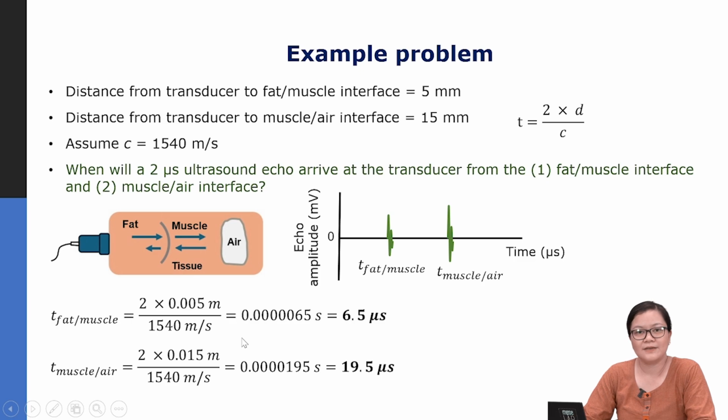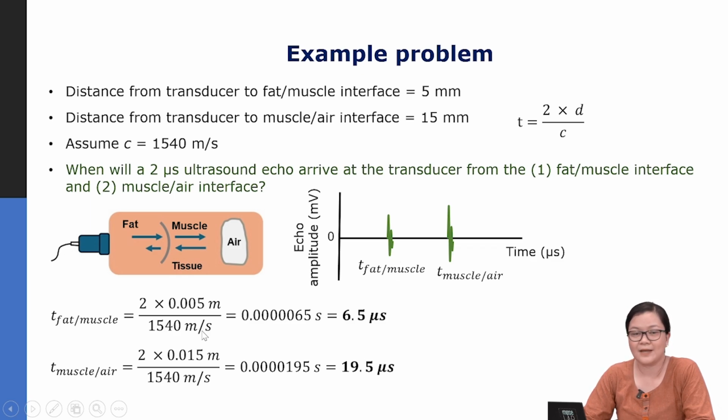We also plug in the value for the speed of sound, which is 1540 meters per second. When we calculate, we get this value, and we convert it to microseconds, which is typically the time duration of ultrasound pulses, and we get 6.5 microseconds. So our signal coming from the fat-muscle interface will arrive at 6.5 microseconds.